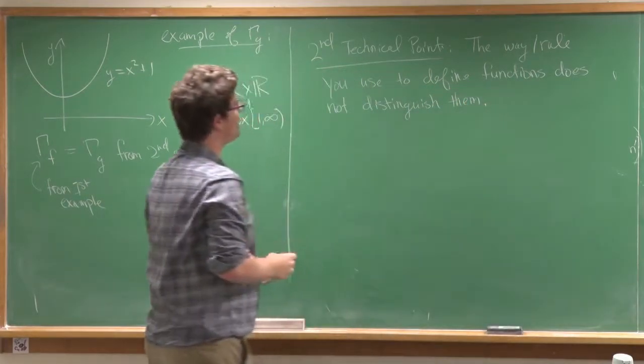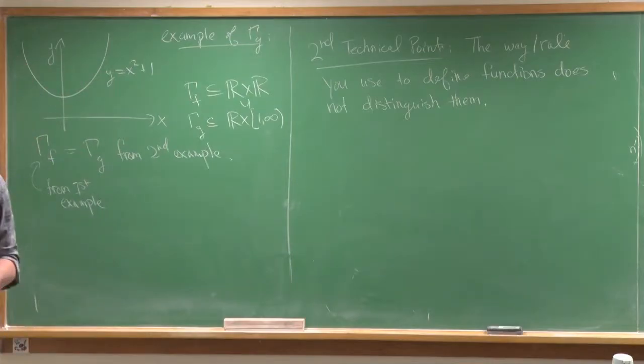And so I'm going to give two functions that have seemingly different rules, but have identical domains, codomains, and graphs, and hence will be equal.